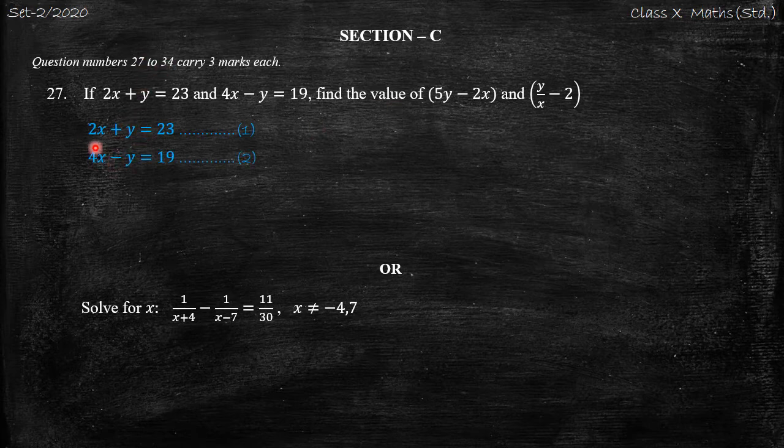So if we add these two equations, y will get cancelled. So you'll get a value of x, and substitute that value in one of the equations, you will get y also. So now substitute the value of x and y in the expressions given in the question.